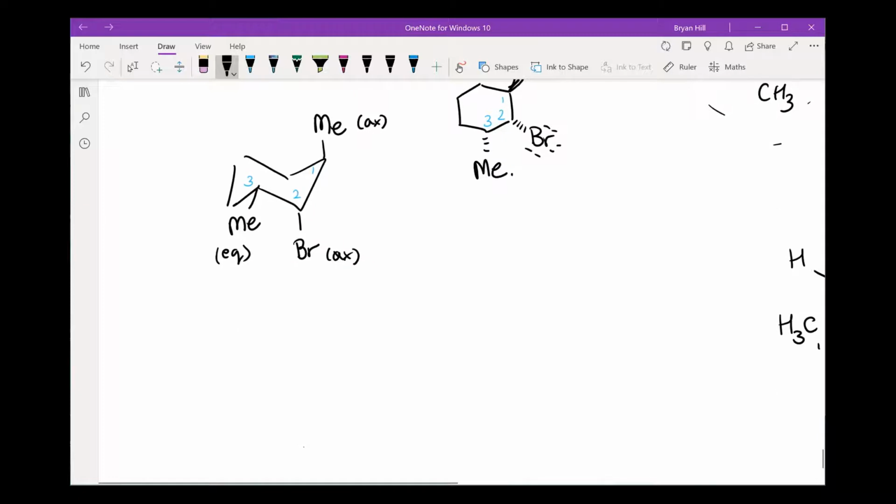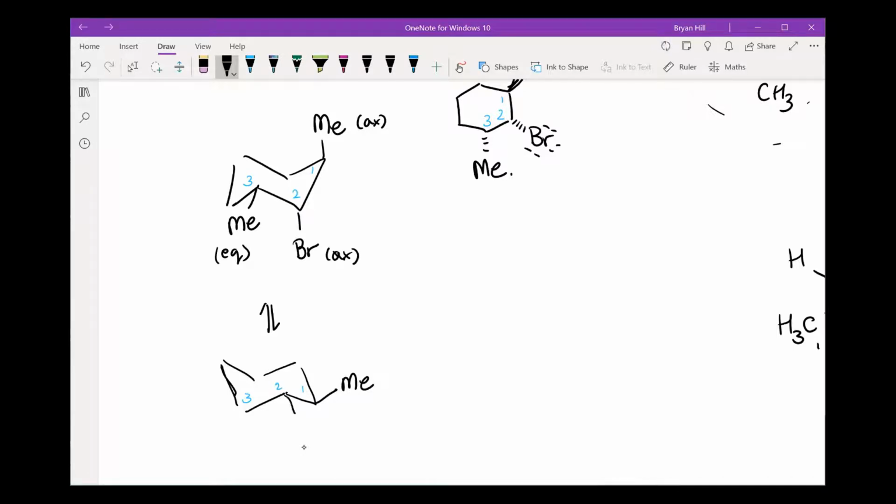And there would be another conformation that would exist. 1, 2, 3. So remember, ring flips don't change if it's up or down. It changes if it's axial or equatorial. So on carbon 1, it's still up, methyl group.